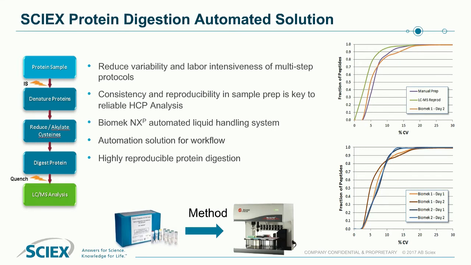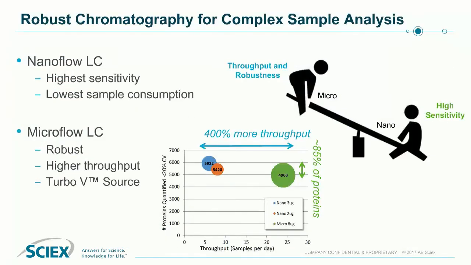And this is being used in both the academic space as well as in many other areas. And the idea here is to allow you to digest as many samples as possible with the same quality that you could get from each other instead of doing it manually, which we know has many different issues.